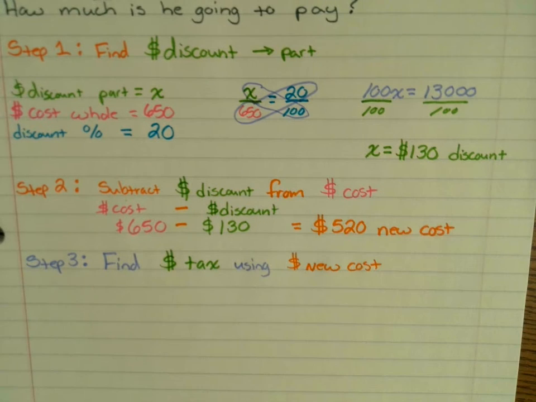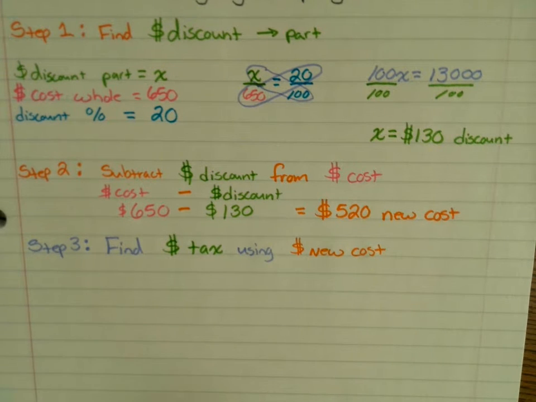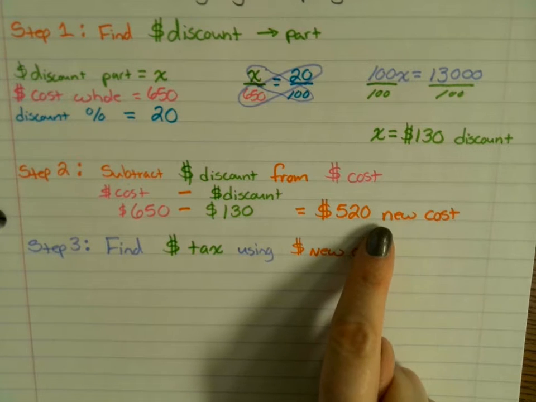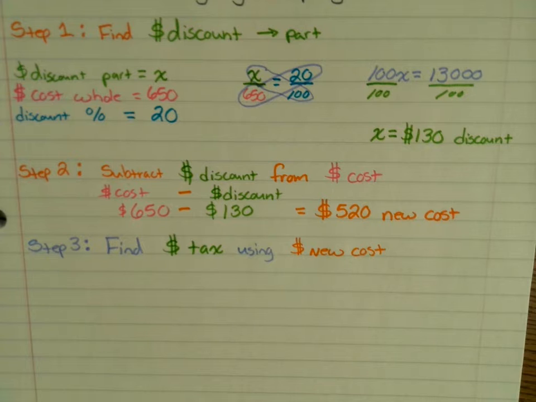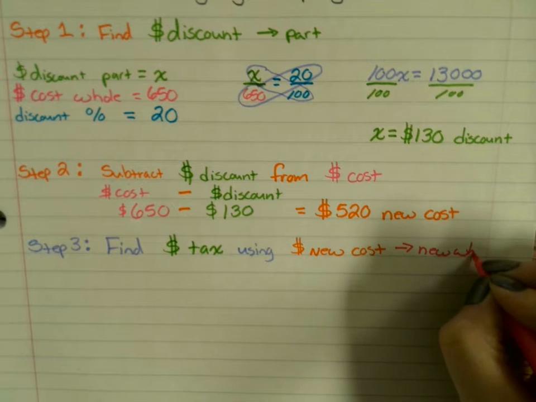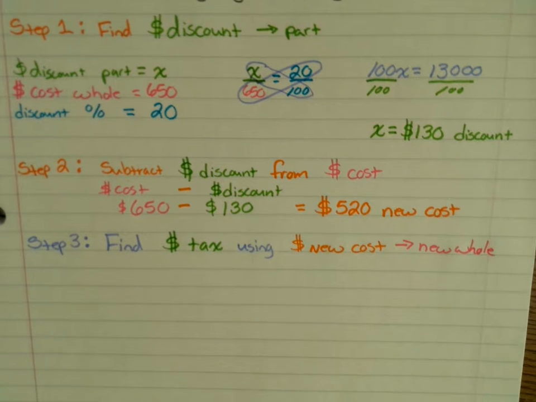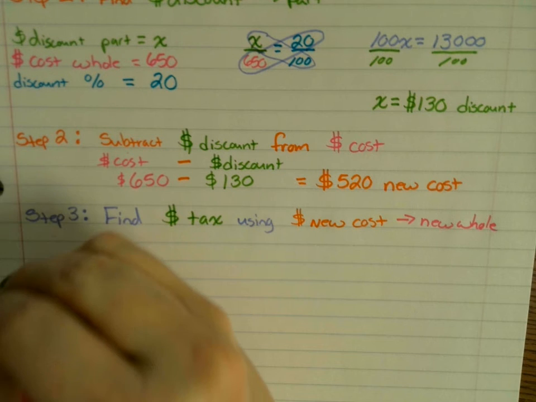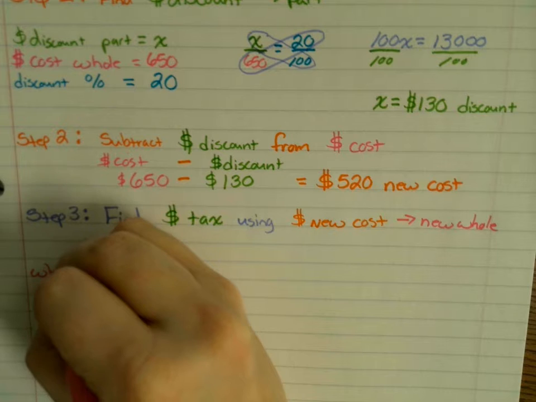Notice I'm doing everything in colors, guys, because I'm trying to make it match up as simply as I can for you guys. Okay, I have to use that new cost that I found, that new $520 that I just found. Okay, and that becomes my new whole. That new cost is now my new whole that I'm going to use. So when I work this out, my whole is now 520.